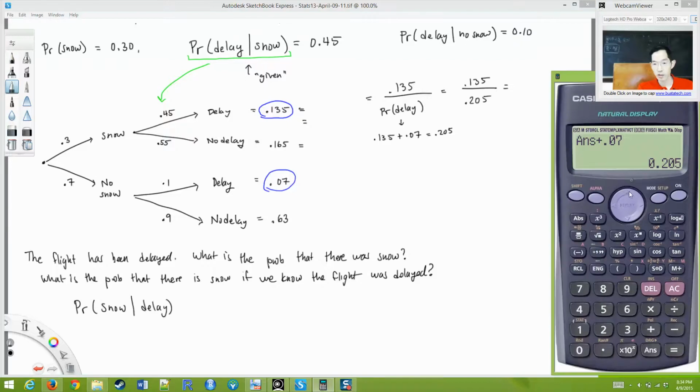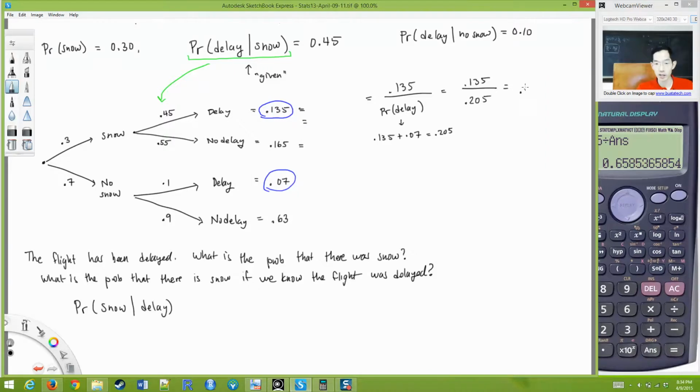So I have this answer, 0.135 divided by 0.205, and I get 0.659. So that is my answer here. Does that make sense? I'll let you guys write that down.